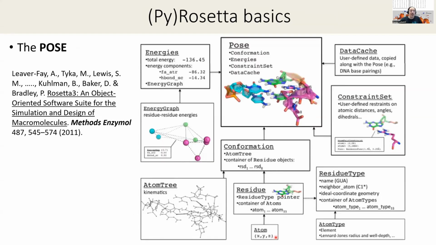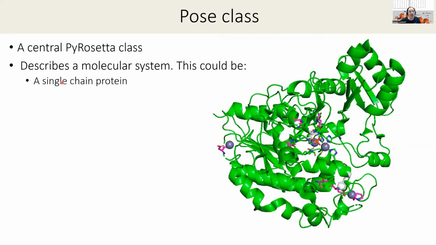So the basic class of Rosetta is the pose. The pose is sort of all the information about your system: how it's connected, what the current conformations are, which residues and which atoms it is composed of. A pose can be a single chain of protein. It can be a protein and its ligands. For example, here we have some ions as well.